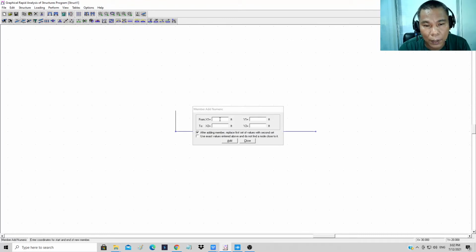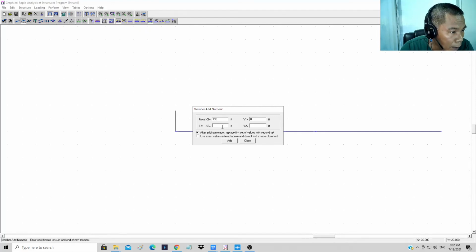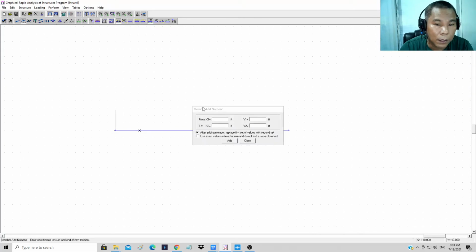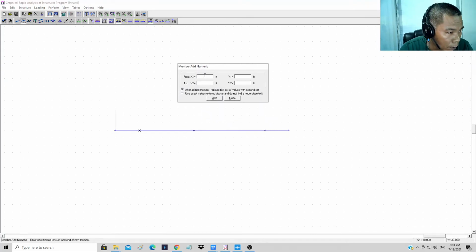Add numerically, we have 100, 0, then next is 190, 0. Add, and then 190 plus 30, that's 220, 0. Going back, I can add it numerically.